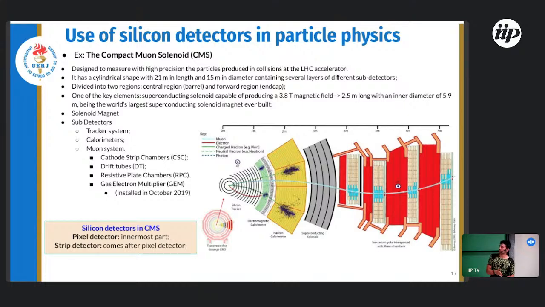This is a kind of analysis that we do, and it's very important because we need the information from the tracking system that is made of silicon detectors. That's why you need very precise position measurements here. Because imagine that the flux of particles here, when they collide, is like 600 million particles passing in 1 second. So we really need these detectors.